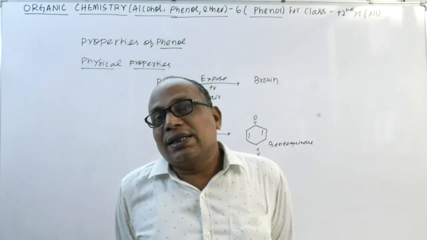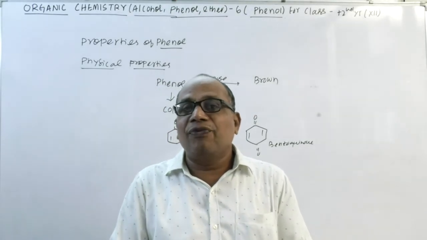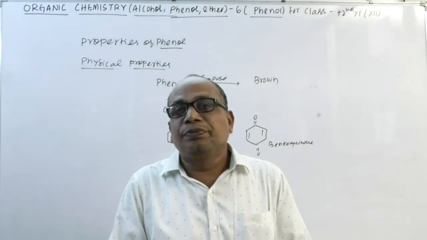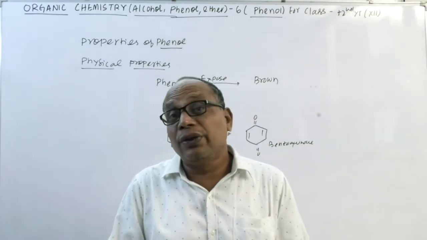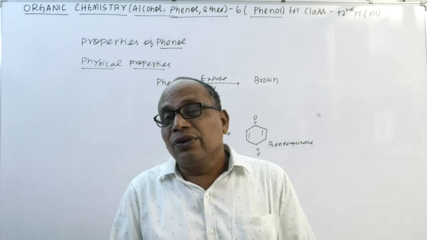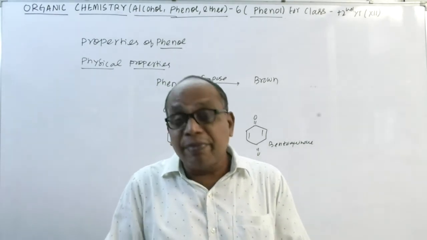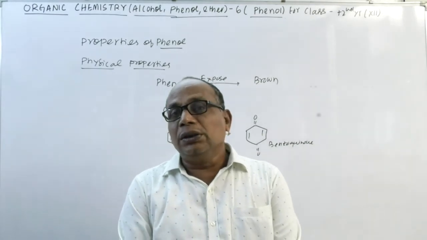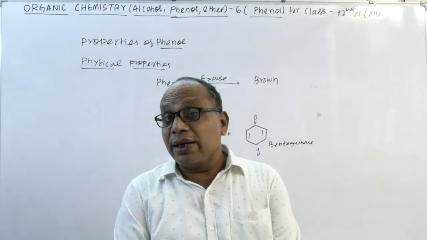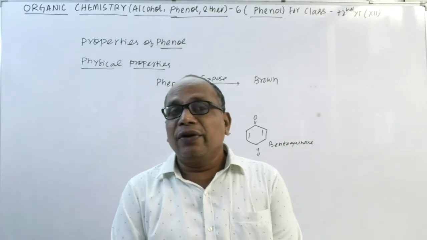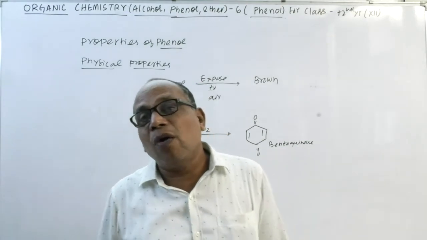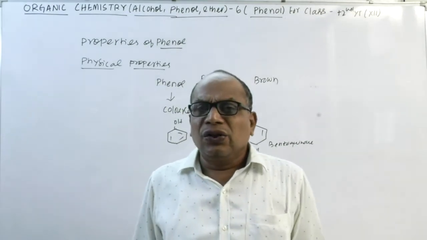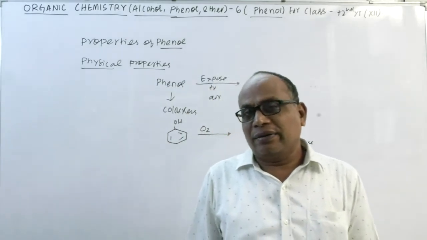And we will discuss the reaction of phenol due to the OH group, the reaction due to the benzene ring, and some name reactions, just like the Reimer-Tiemann reaction, which is most important in phenol, and certain other reactions. So many types of reactions are there.